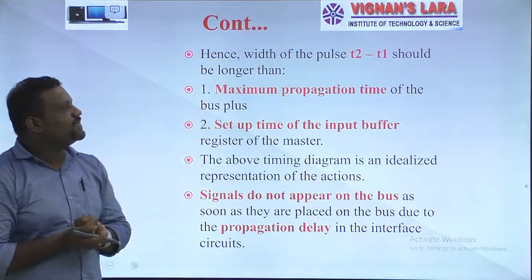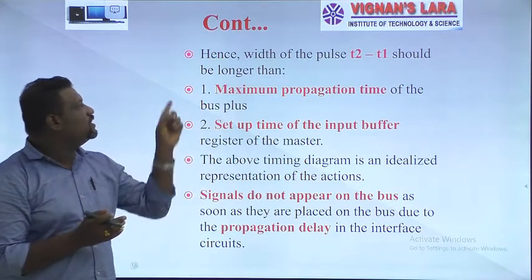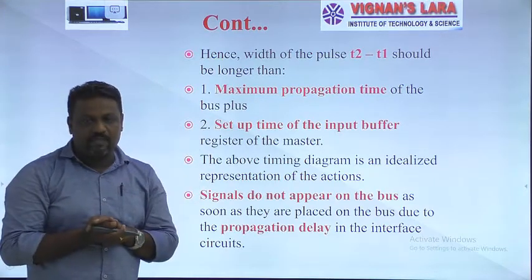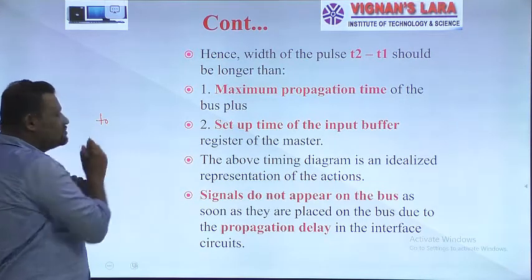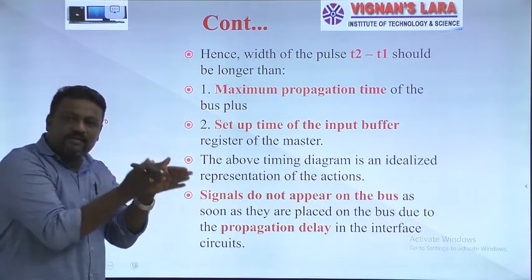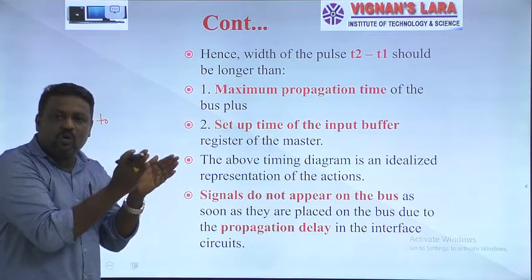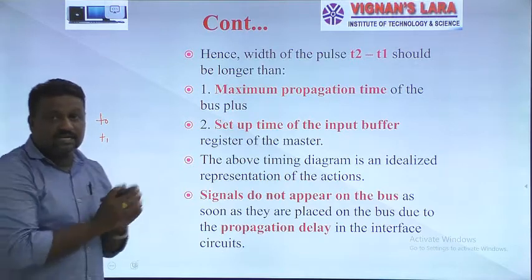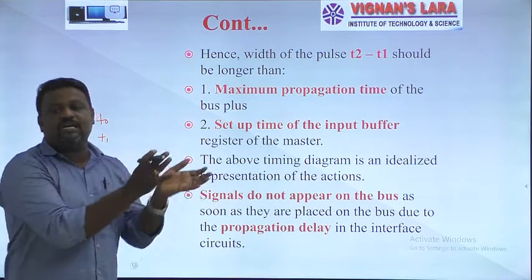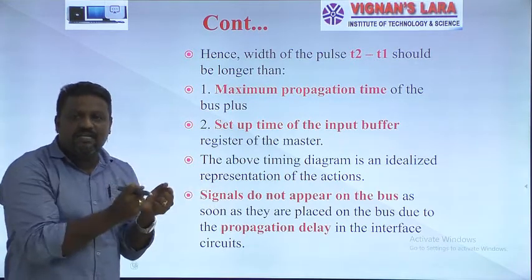Hence the width of the pulse, that is T2 minus T1, should be longer than the following. Just recollect, guys, at T0 a master places an address as well as command signals over the bus. At T1 the concerned devices connected to the bus receive the addresses.